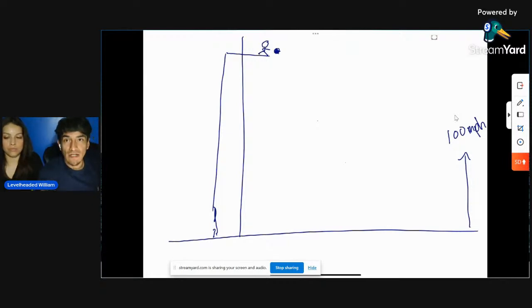So when you release an object, what they like to claim is that the Earth will have to come up to it at a constant. So there shouldn't be an acceleration of the Earth. That means the Earth will have to be accelerating up to the object.